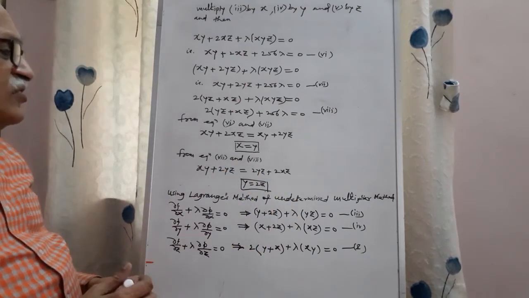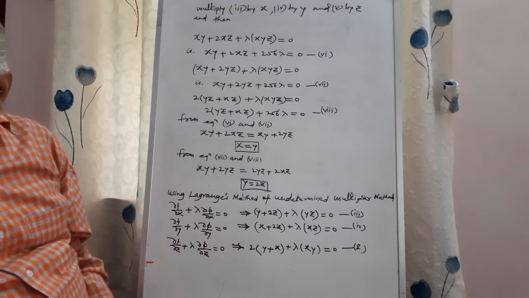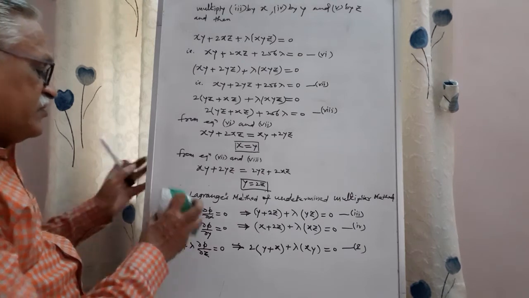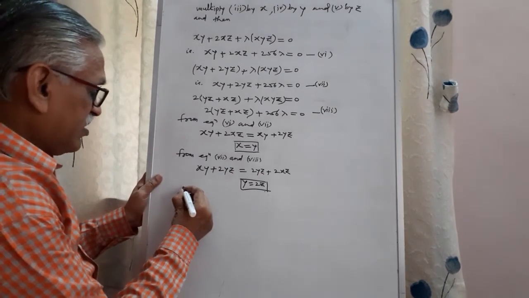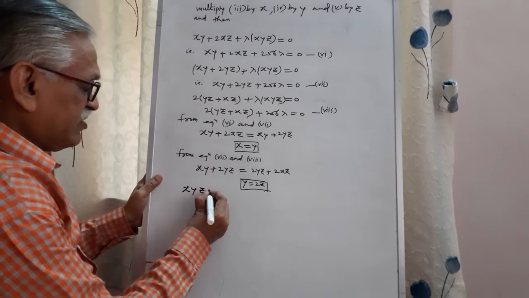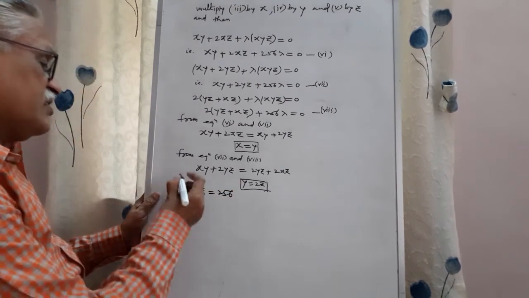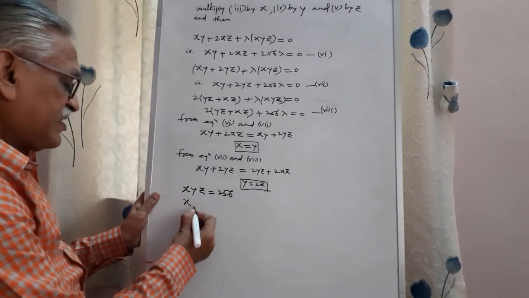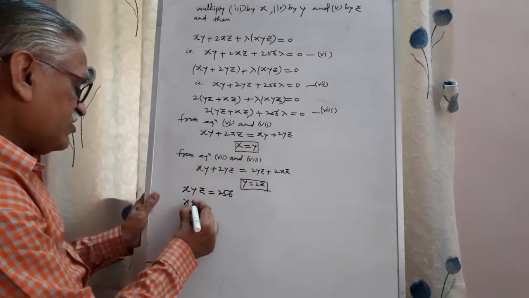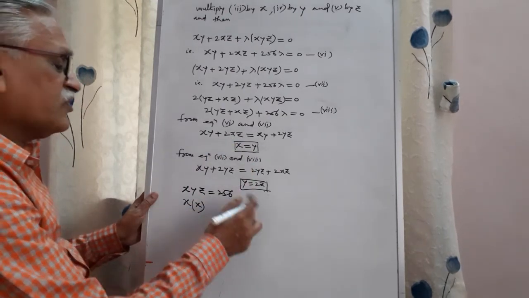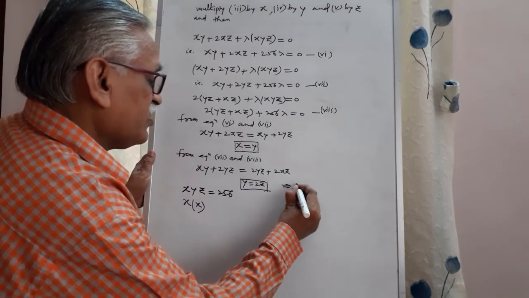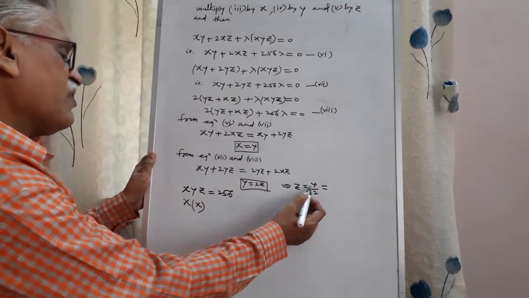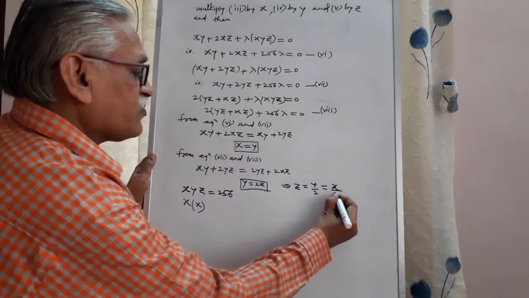Okay, and therefore if we put those values in the first equation, the volume x into y into z equals 256. Converting to one variable only, I am keeping x as it is. y equals x, and z equals y by 2, and here y is x, so it becomes x by 2.